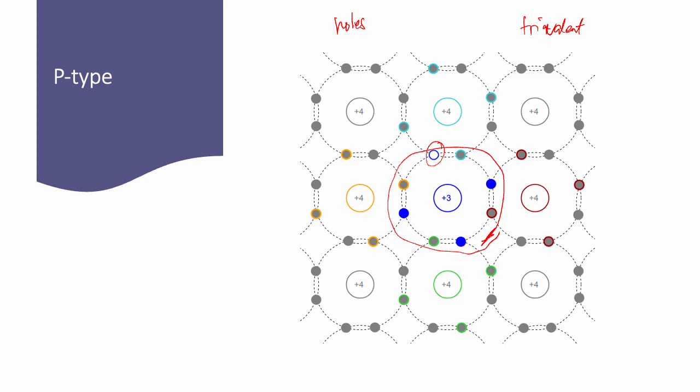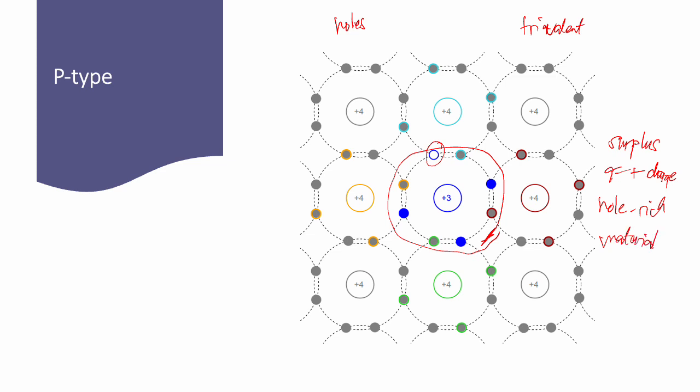So the presence of these holes in the silicon lattice results in a surplus of positive charge. So here we can say that this is a hole-rich material.